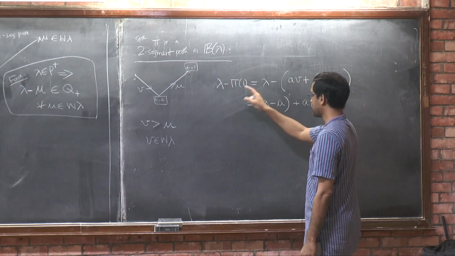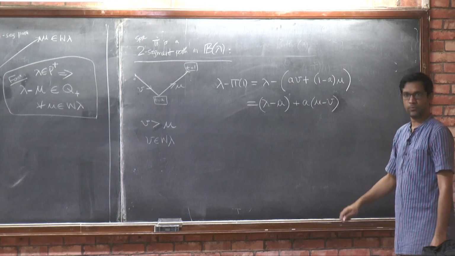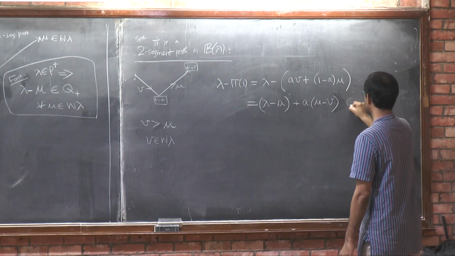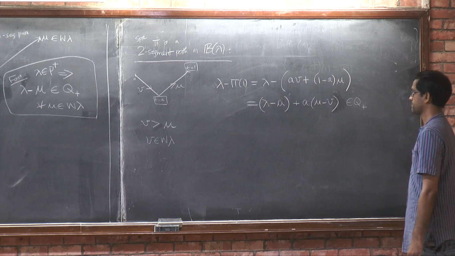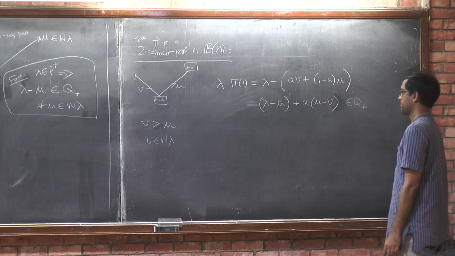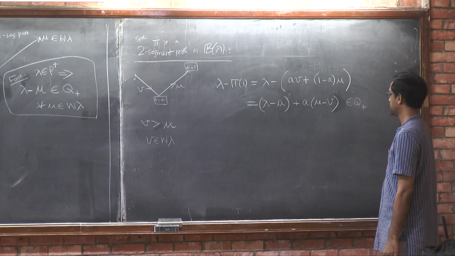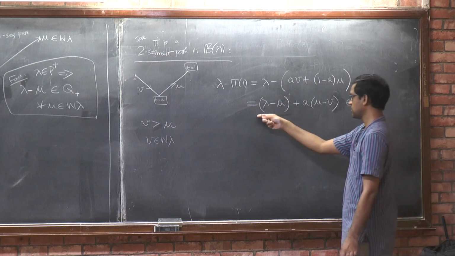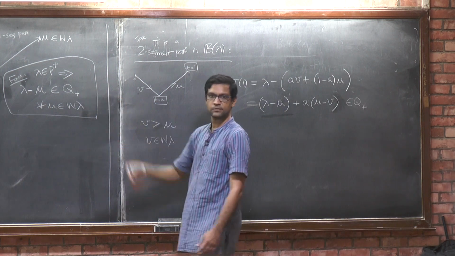Okay, so I computed lambda minus pi 1 and found that it is this, lambda minus mu plus a times mu minus nu, and what we know is this must be in Q plus. Okay, so now observe, so what does it tell us? First thing, lambda minus mu, as we just said, that's already in Q plus.